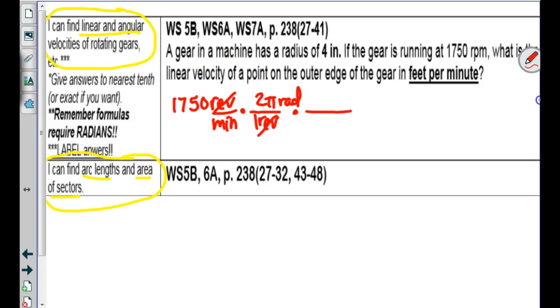What's the formula for linear velocity that we've used the most? Angular velocity times radius. Does that look familiar? So the radius was 4 inches. Now the radians will go away and we have inches per minute. How do I get it to feet per minute?